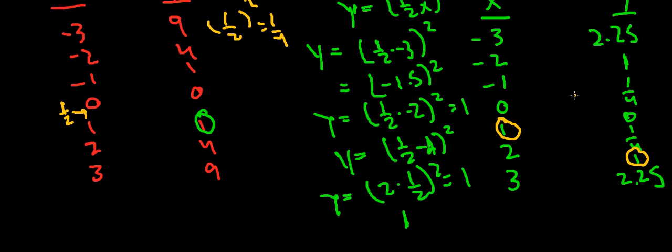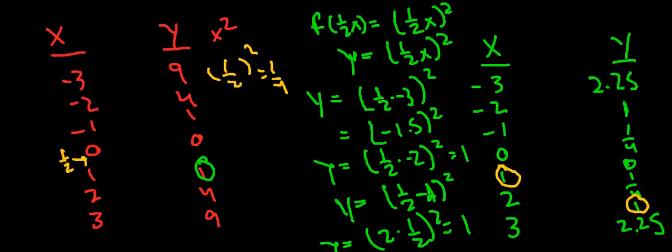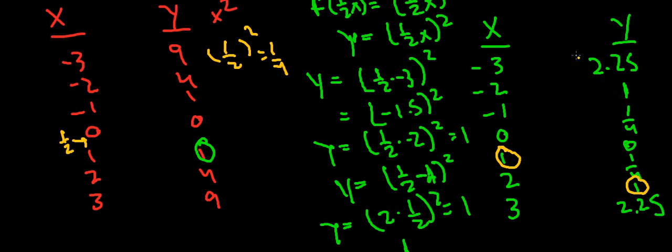So that's what's causing the horizontal stretching and compression. Now that we've seen what these values have done, the y values have gotten smaller, so it's taking them longer to go up. So would that be compression or stretching?